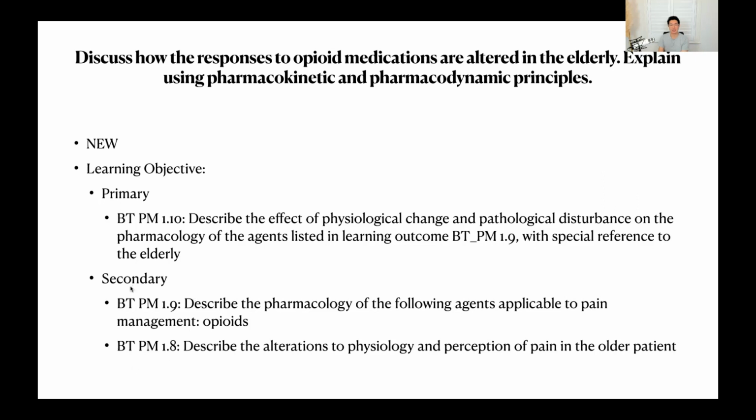And the secondary objectives are BTPM 1.9 and BTPM 1.8, which is the alterations to physiology and perception of pain in the older patient. So this is quite a broad concept. Remember that this one is specifically talking about opioid medications, and not just its analgesic effects, but probably its adverse effects too. And that's probably how I would tackle this question.